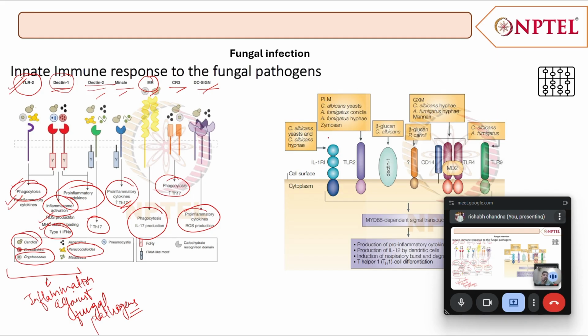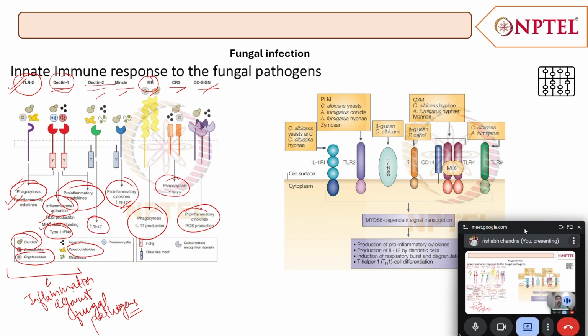Now, here are some examples of the different molecules that are recognized by the different receptors. So here we have the IL-1 receptor that recognizes Candida albicans yeast and Candida hyphae. Okay, so Candida albicans and its hyphae are recognized by the IL-1 receptor. TLR2 recognizes Candida albicans, Aspergillus fumigatus, its hyphae, and zymosan.